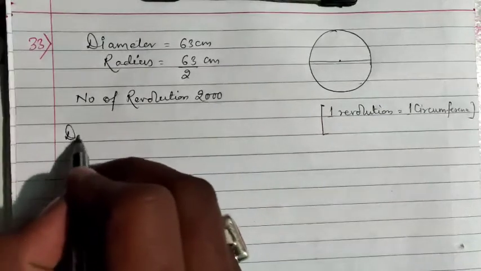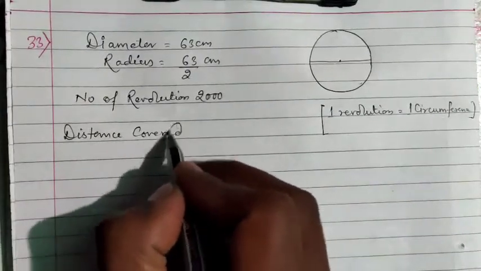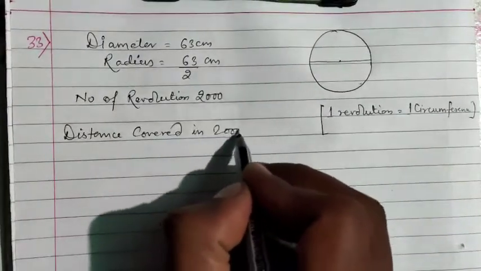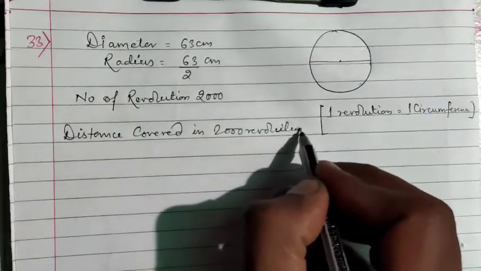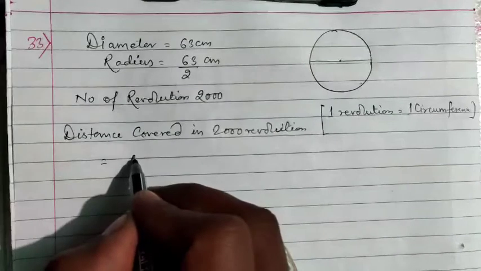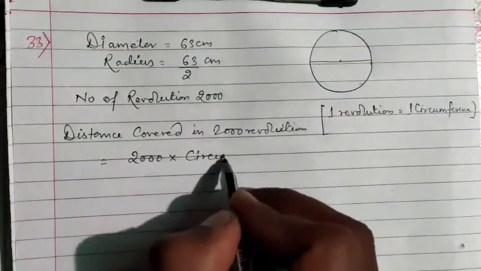So we will write directly, distance covered in 2000 revolutions is equal to 2000 into circumference.